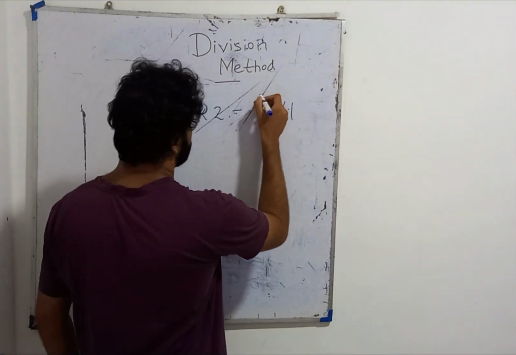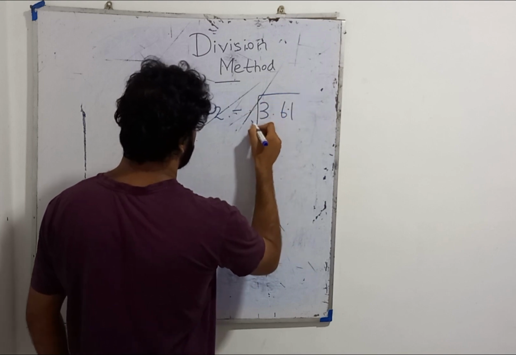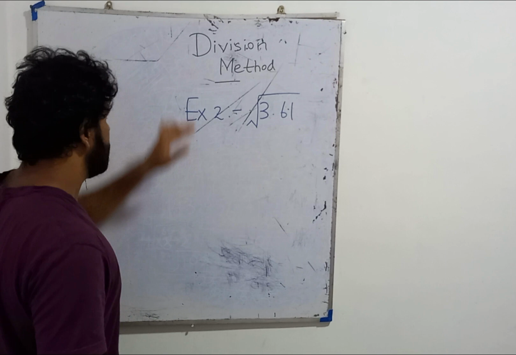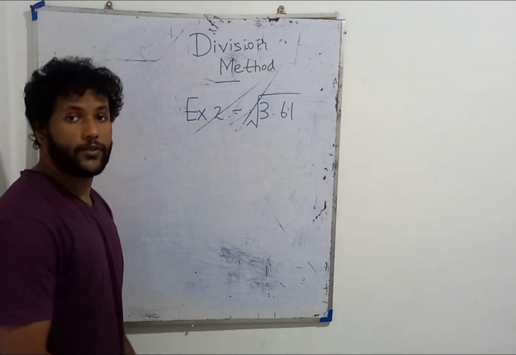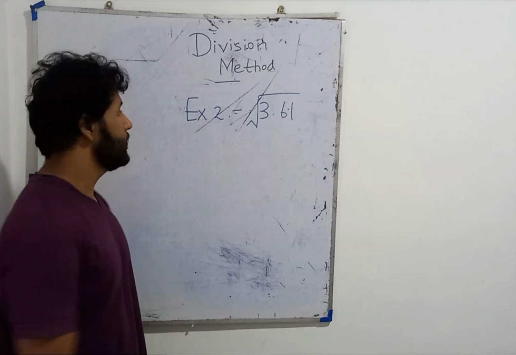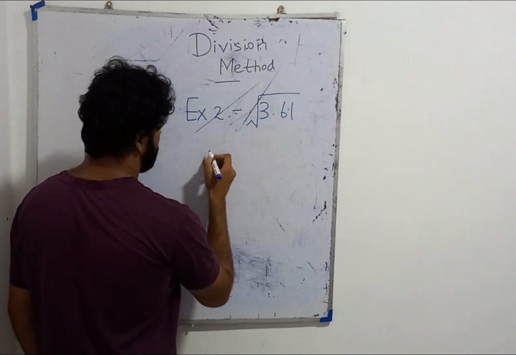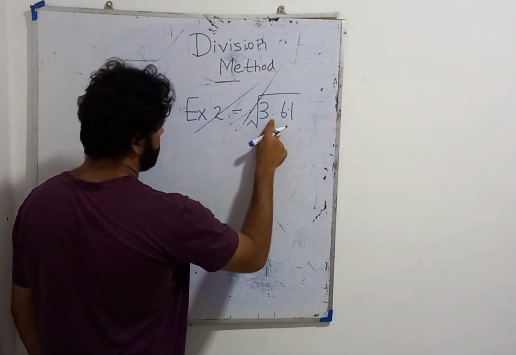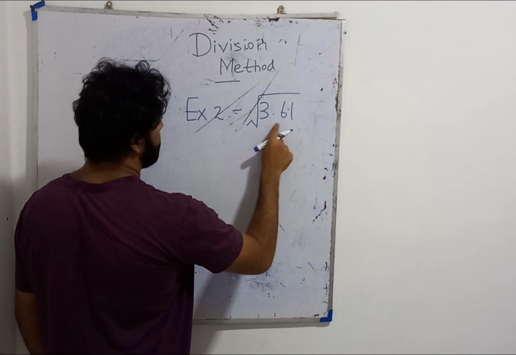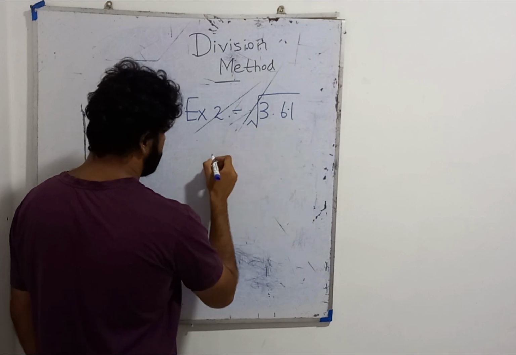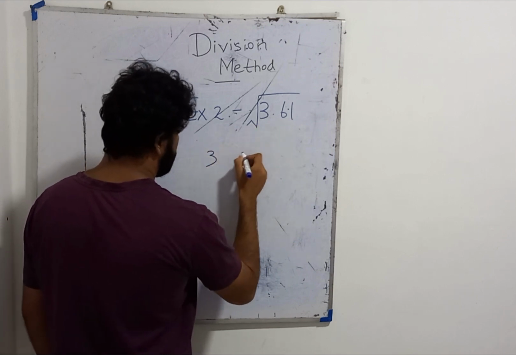So we have to find the square root of 3.61. Let's apply the division method to find the square root of 3.61. Separate now. Look at the numbers before the decimal point and the numbers after the decimal point. This is going to separate as 3 and 61.